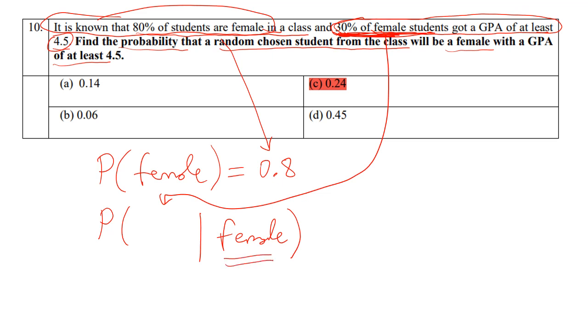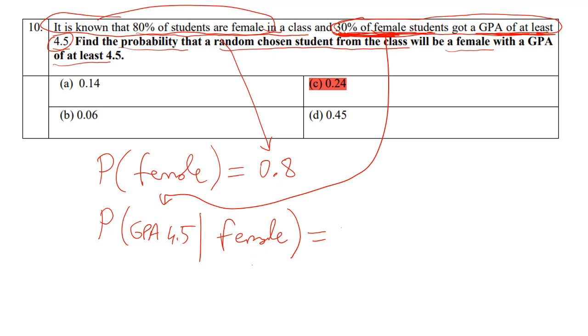So the female students who got a GPA of at least 4.5. This is the probability that the student got at least 4.5 GPA, given that the student is female.